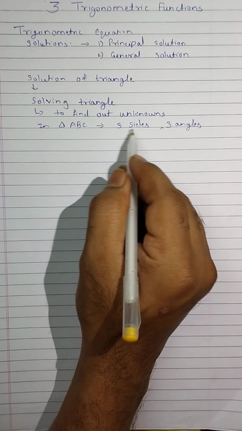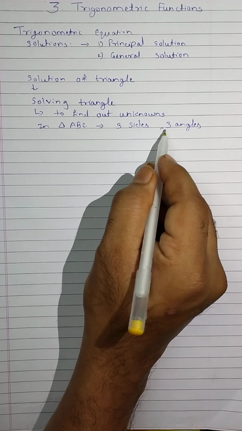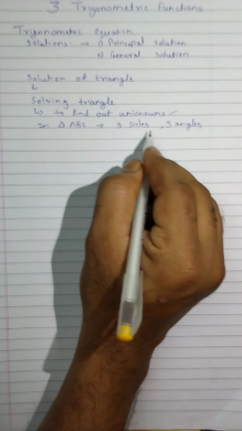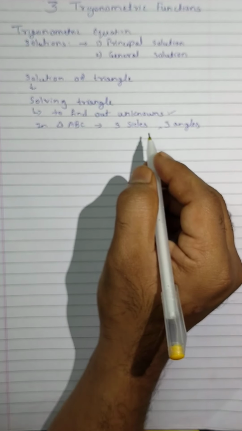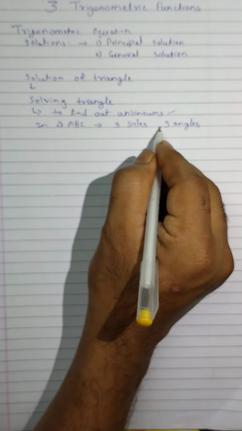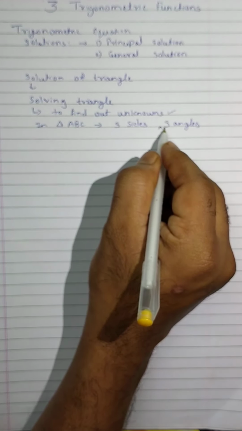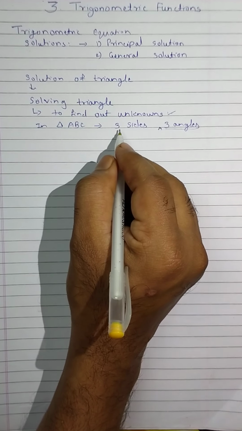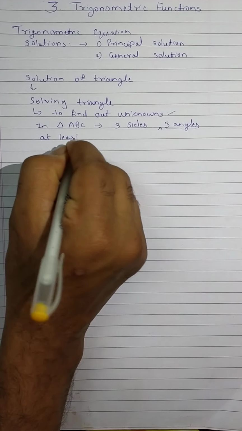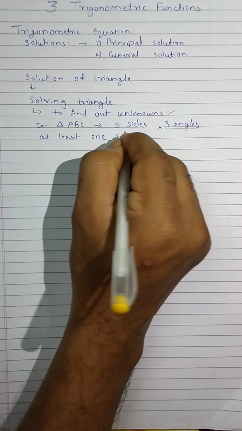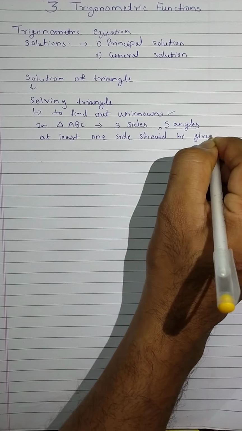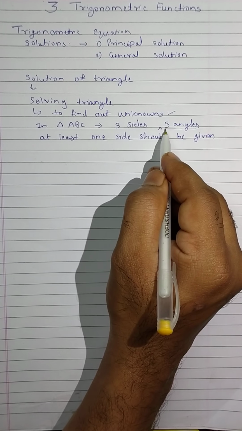Now, to find out three sides and three angles, some should be known and some should be unknowns that we have to find out. To find the unknown elements, having information only about angles, we cannot solve it. We need at least information about one side, along with information of angles.